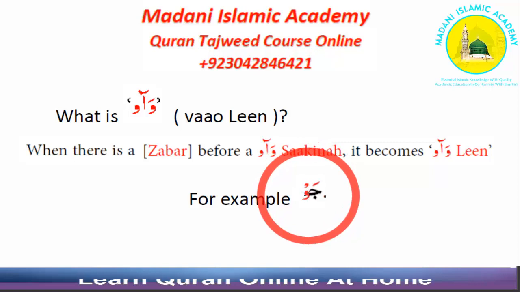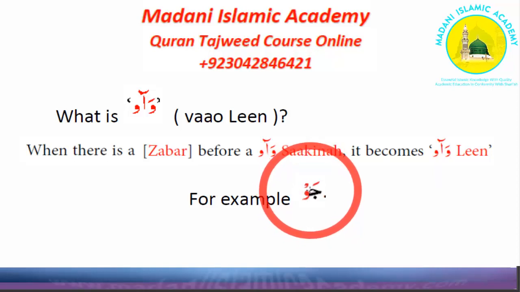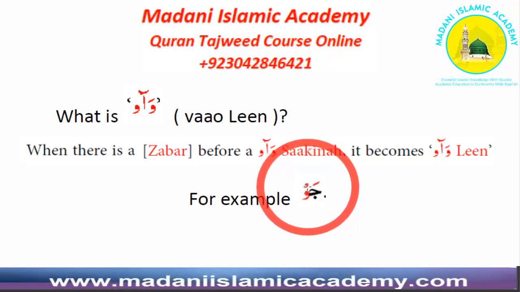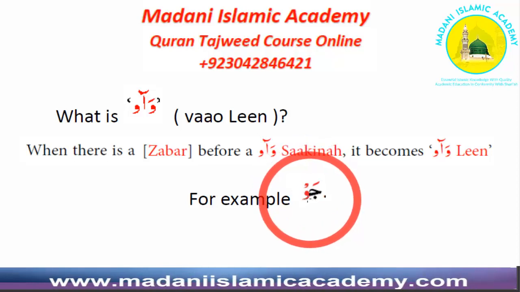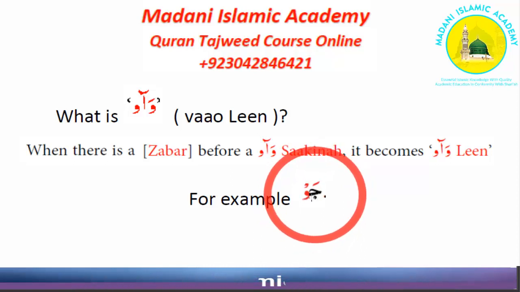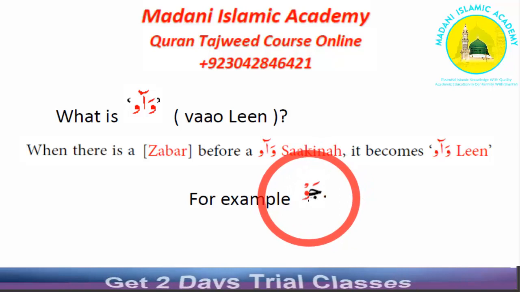Any letter which has jazm sign, sakin sign or sukoon sign on it is called sakin letter. Here Waw is sakin letter, and there is zabar before Waw sakin. This is Waw Leen.